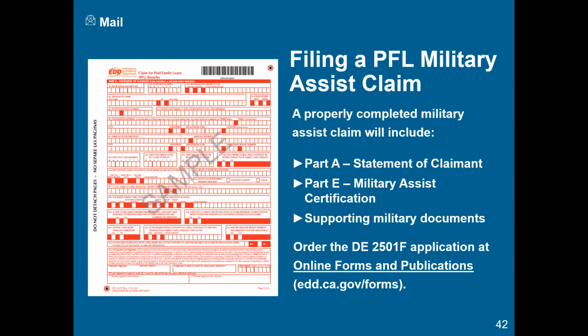Yeah, so the supporting military documentation could be a covered active duty order. It can be the letter of the impending call or order to covered active duty. And just a reminder again that the big thing here is that the person needs to be called to a foreign country. It can't be domestic.